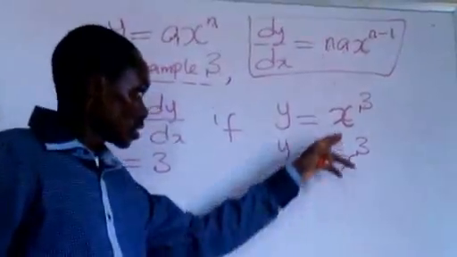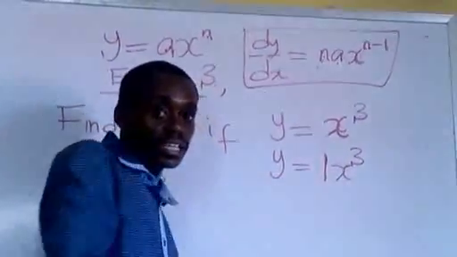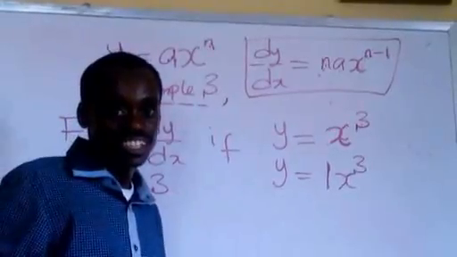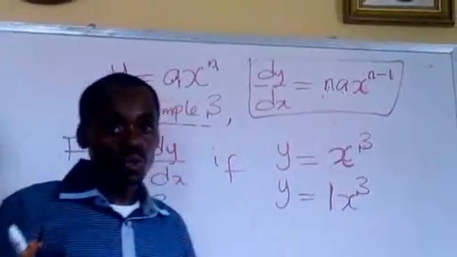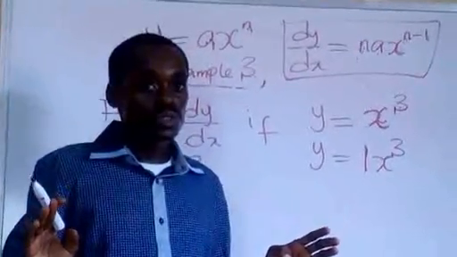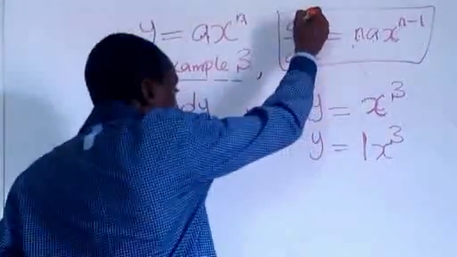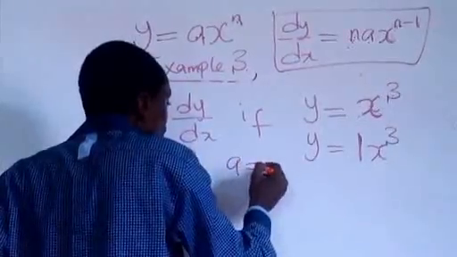Now there is a 1 here, but because it is 1, it is expected that you should know that there is a 1 there, so it is not written. Whenever there is nothing written here, just know that the number there is 1. So you are going to use 1. Applying our formula for dy/dx, in this case our a is equal to 1.